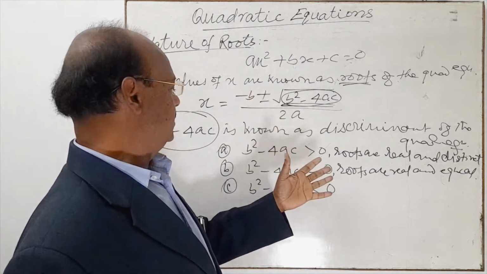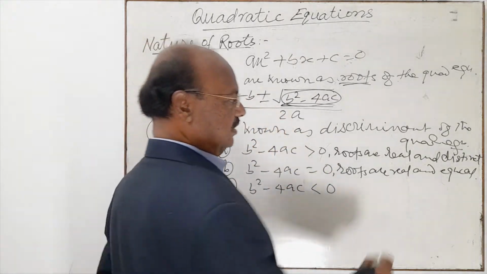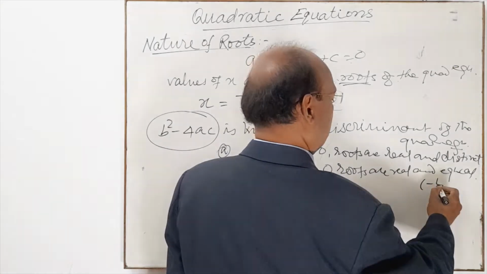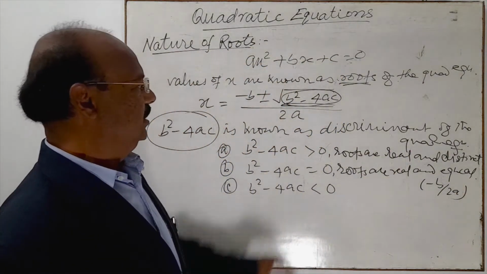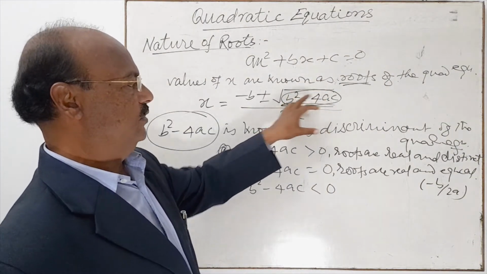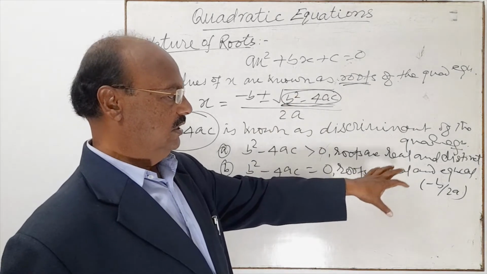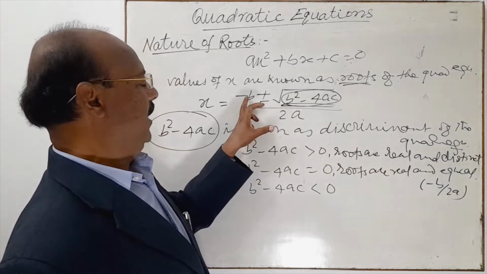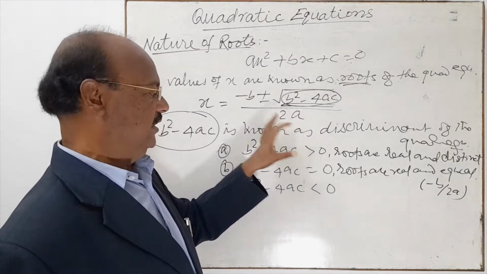So in this case, the equal roots are minus b by 2a, because as we discussed, this part is 0. This is very interesting to understand.